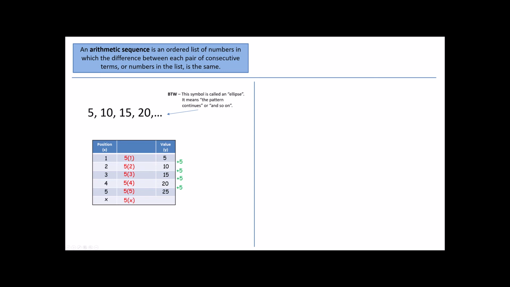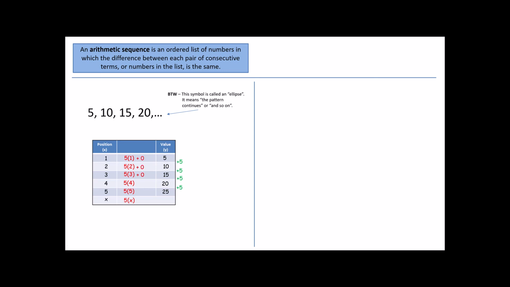So I'm going to put x. The number in the first position will be 5 times 1. If I'm in the second position, it's 5 times 2. It's always a 5 multiplied by the position. And you can see that 5 times 1 is indeed 5. 5 times 2 is indeed 10. 5 times 3 is indeed 15. 5 times 4 is indeed 20. And 5 times 5 is indeed 25.